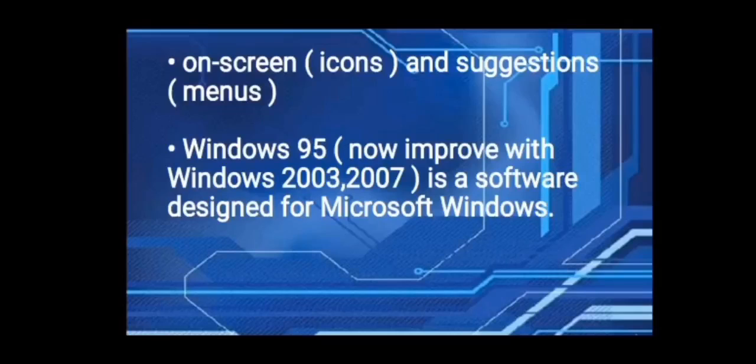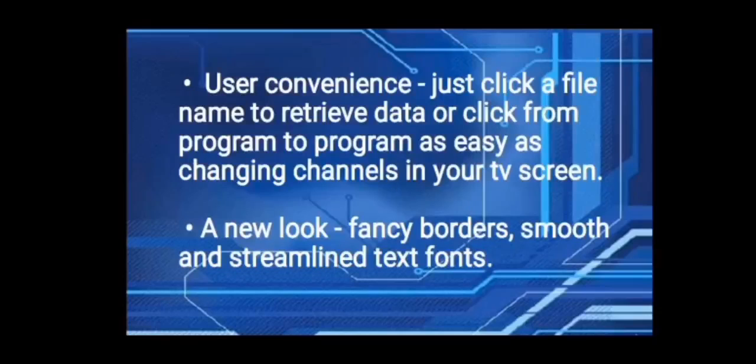Windows 95, now improved with Windows 2003 and 2007, is a software designed for Microsoft Windows. Actually, Windows is in itself a self-contained operating system which provides: number one is user convenience.